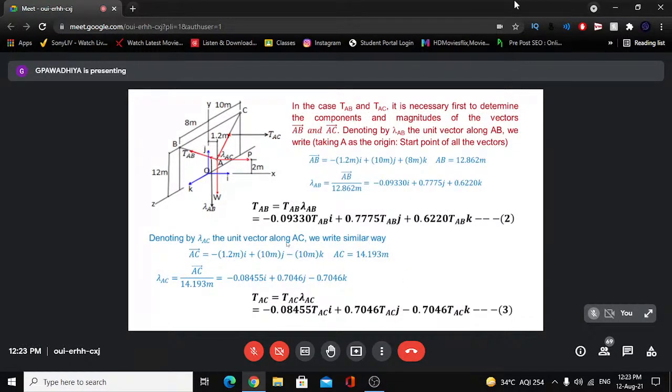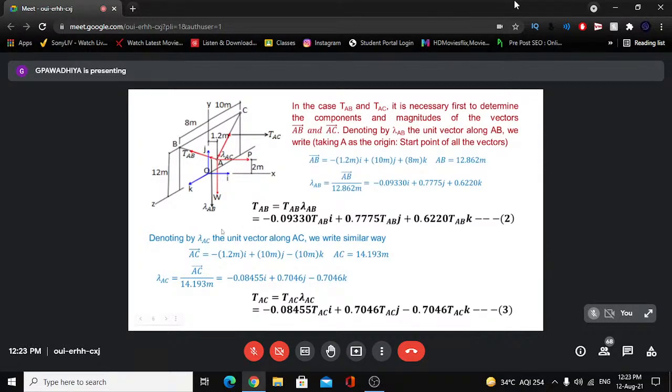So lambda AB, the unit vector along AB, will be the vector AB divided by the magnitude of this vector. So it is minus 0.0933 i plus 0.7775 j plus 0.6220 k. Now simply multiply by TAB, the unknown variable here, and we get the force vector TAB, which is essentially a tensile force. Similarly, we establish lambda AC in the same manner.